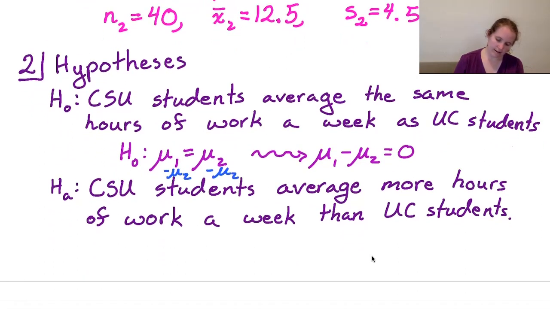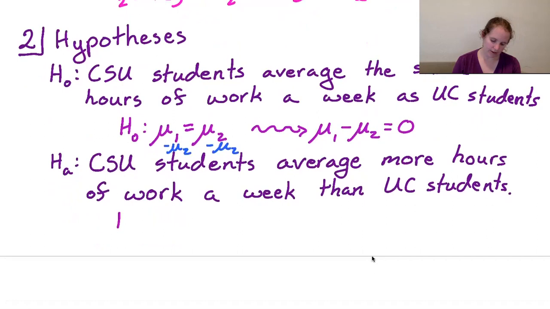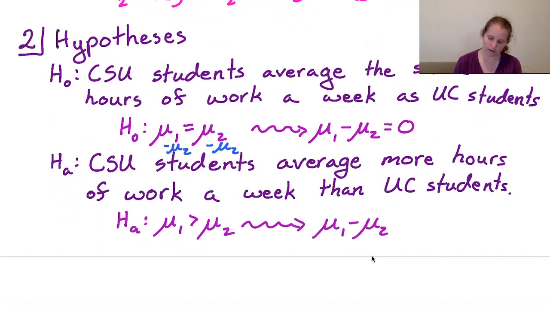And then our alternative hypothesis is that mu1 is greater than mu2, or subtracting mu2 from both sides, mu1 minus mu2 is greater than 0.